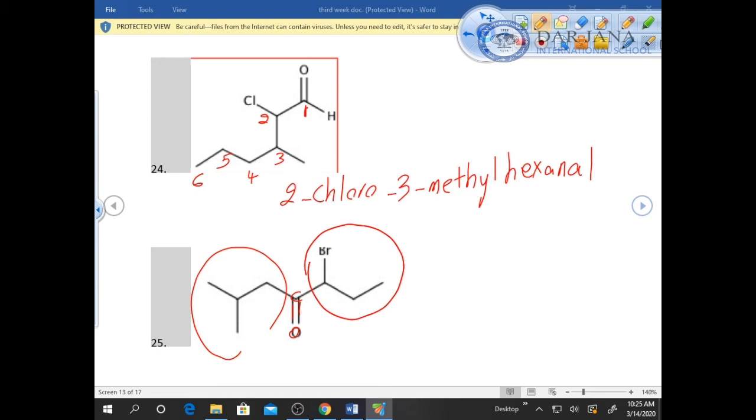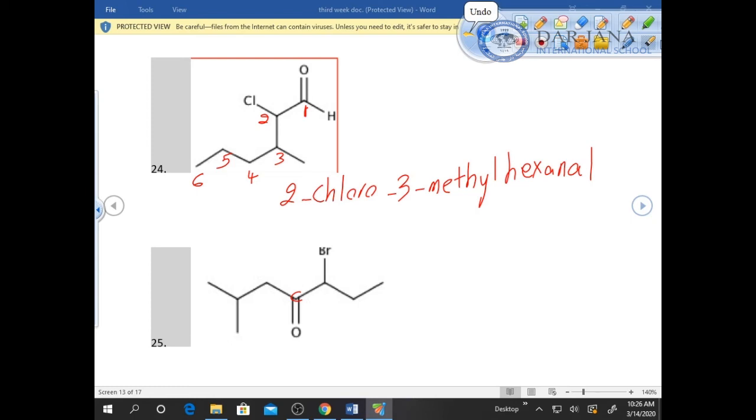So the name of this molecule is, I will start numbering from the end that gives the carbonyl group the lowest number.